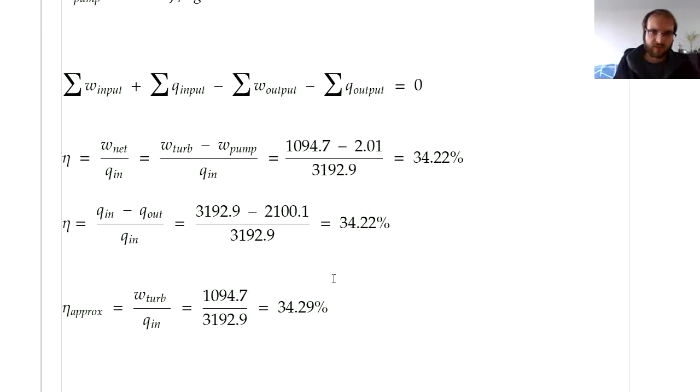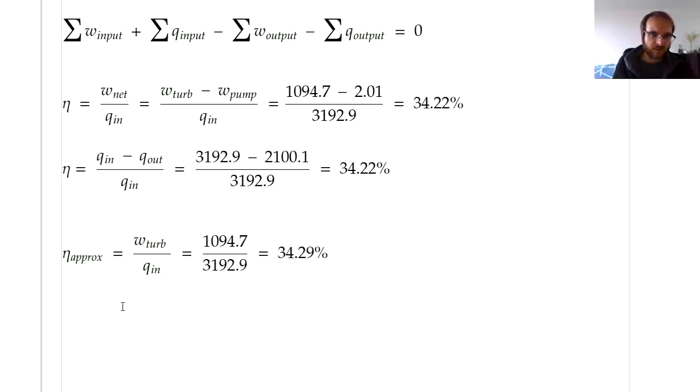So you can see that for some really quick estimates, the values are not that different, but of course when we calculate precisely, we need to include all the heat and work in the system.